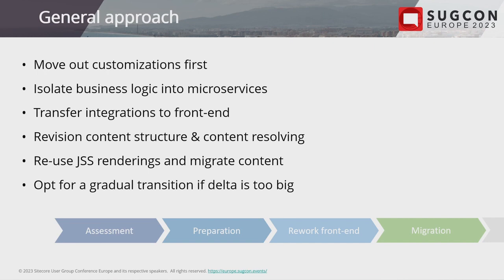And I think this can be perfectly described as carving out your current solution and making it composable already. Then you need to revision your content structure and your content resolving, and change your GSS renderings to migrate to those new content resolving and eventually also migrate the actual content.